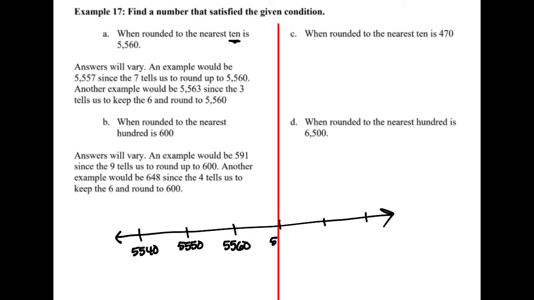Above that is 5,570. Now, none of these other numbers are really important. I just wanted you to see that we're counting by tens. Okay, now let's look in closer and see if we want it to round to the nearest 10 and end up with 5,560 as the answer.